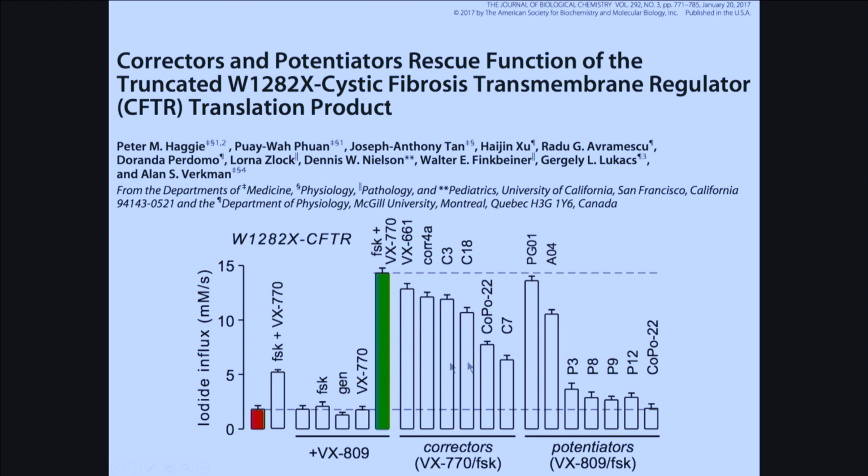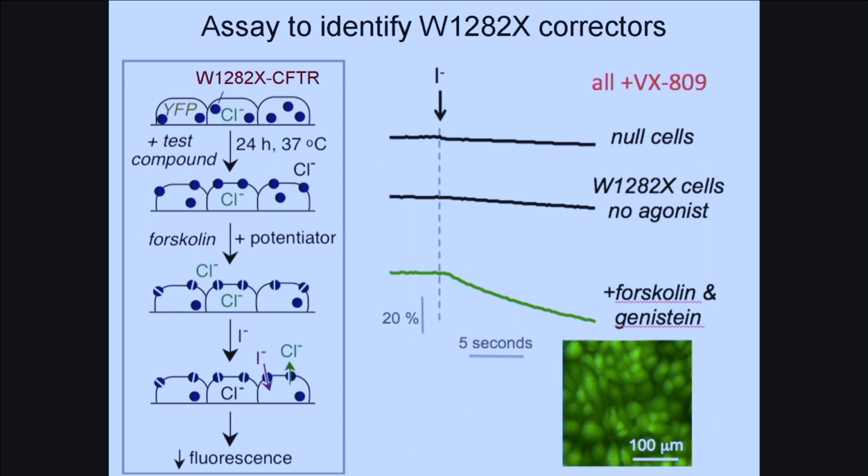And combinations of these various compounds produce various amounts of activity. So this showed proof of concept that a potentiator and a corrector might be useful for CF caused by the 1282X mutation. So we did an assay to identify improved correctors and potentiators that were specifically good for 1282X.